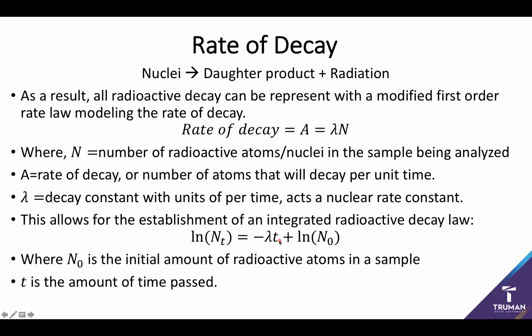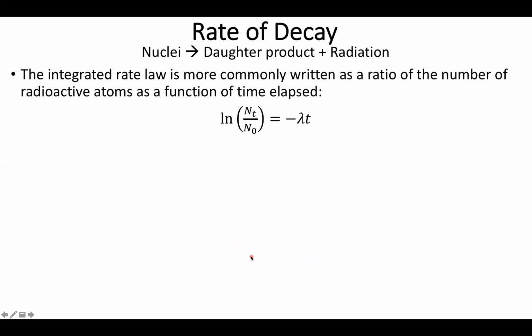However, we frequently don't use the integrated rate law in this form. Most of the time, we're much more interested in how the amount of time passed relates to the ratio of the change in the number of radioactive atoms. So you can do that by combining our natural log functions on the left-hand side of the equation. So we have the natural log of the ratio of the amount of radioactive atoms at time t versus initial, versus the amount of time that's passed.